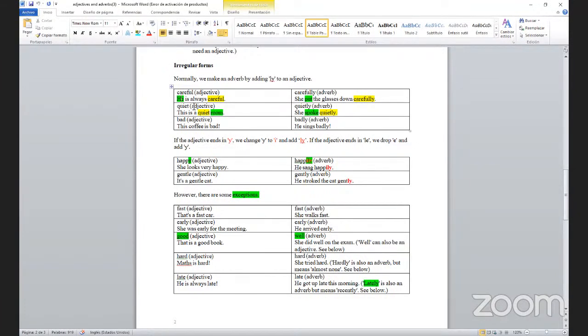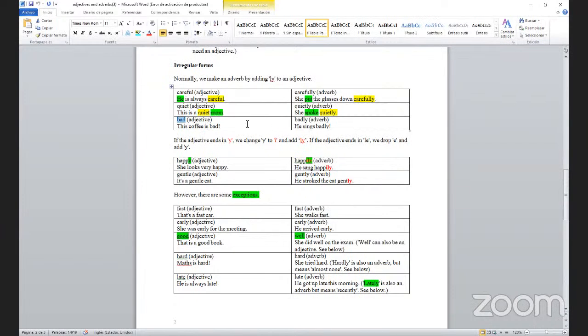Quiet is an adjective. This is a quiet room. The adverb is going to be quietly with ly. She spoke quietly, with L and Y. So we are describing the way, the action, how she spoke. Bad we have as an adjective. In some cases, bad means malo. In some cases, bad means intenso.